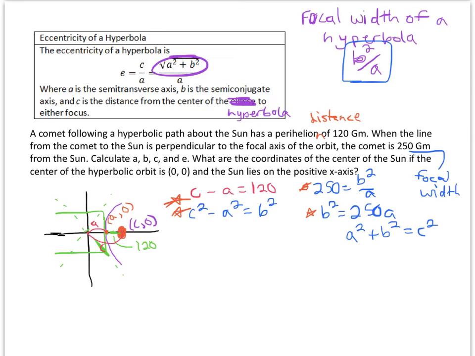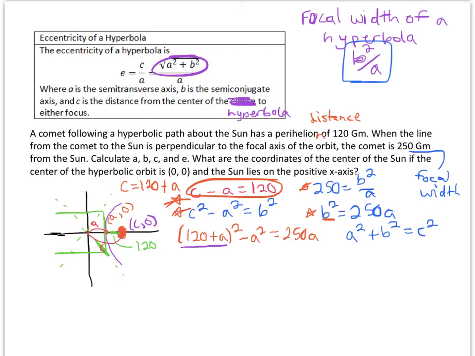So let's plug into c squared minus a squared equals b squared. I'm going to take this equation and say that's really c equals 120 plus a, and that's going to go where c is here. And for b squared, we know what b squared is. It's 250a. Now I should be able to simplify this and solve. So we have to FOIL this out.